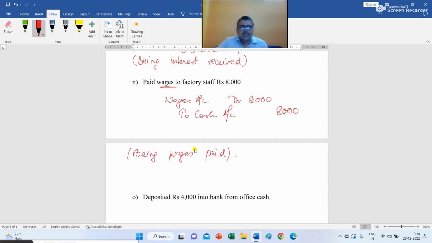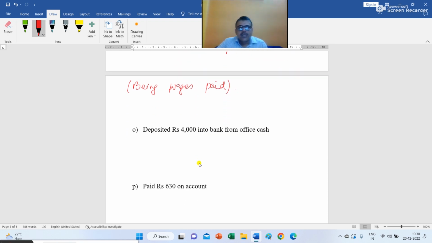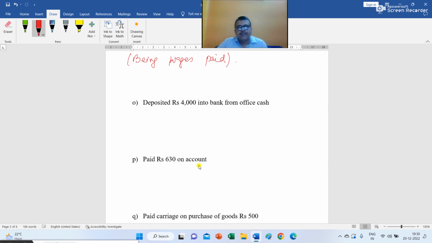Next transaction, deposited 4000 into bank from office cash. So this is basically a contra entry, and when there is an outflow of cash because you are going to deposit cash into bank, I have to credit cash, so to cash I have to write here 4000. And where you are going to deposit this cash?